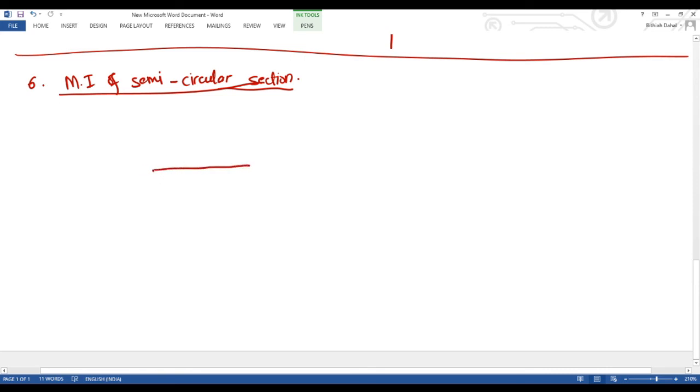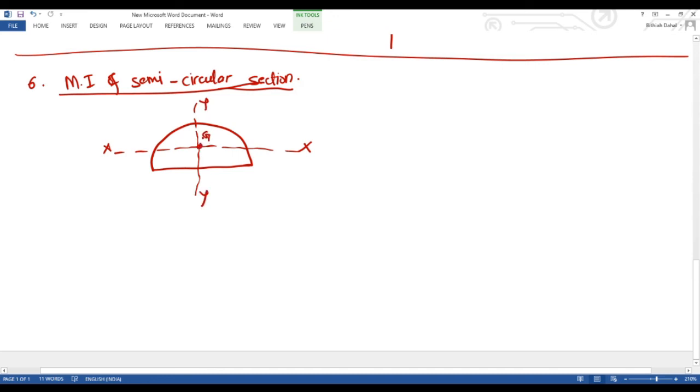This is my semicircular section, and let the x-axis be here, and let the y-axis be running from here, and this point here is my centroid.